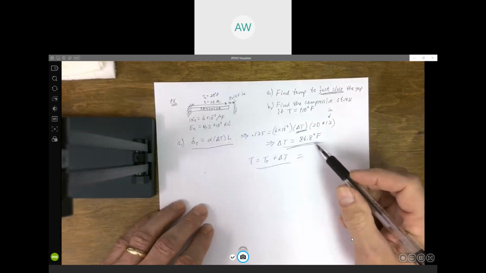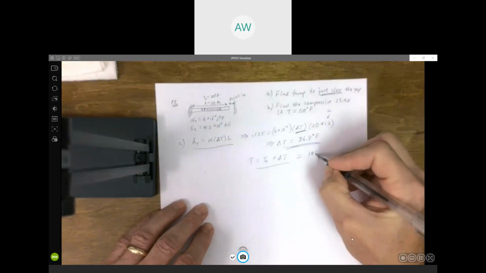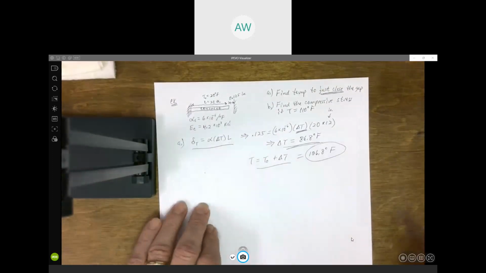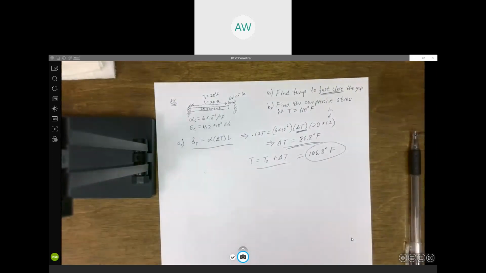If I do my math in my head right, that would be 106.8 degrees Fahrenheit. So it's sitting there at 20 degrees. If that temperature goes up to right at 107 degrees, that concrete is going to be right at the wall. Any question about part A?